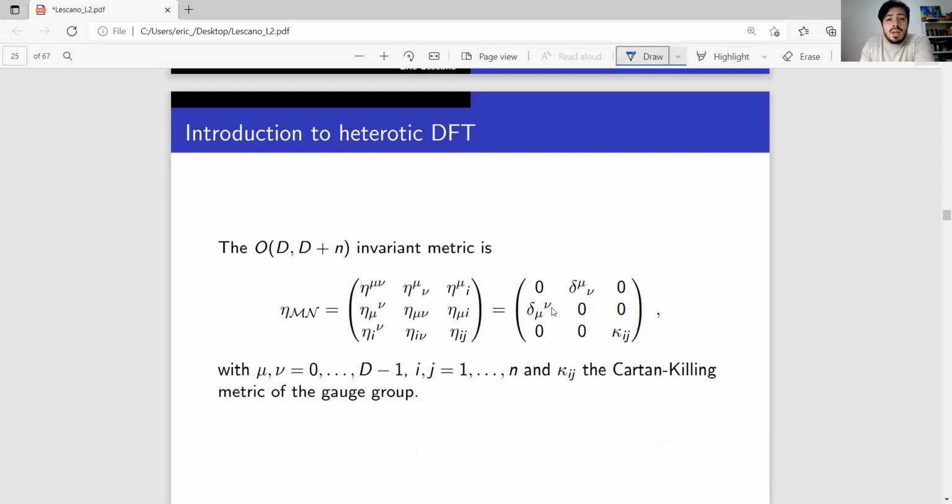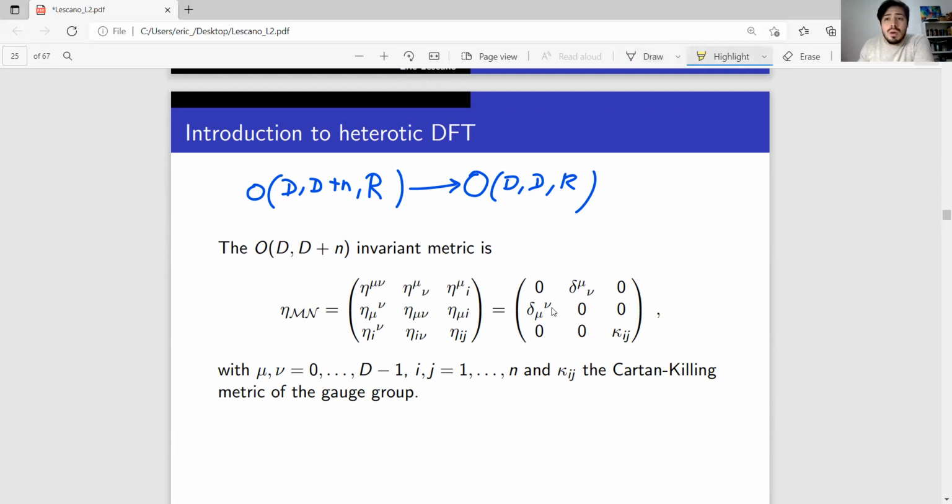So we have an O(D,D+n) invariant metric. Sorry, this group, O(D,D+n), is the O(D,D+n) R group. If we turn off the gauge symmetries, we go to an O(D,D) R group. This is our T-duality group, if you want. We have an invariant metric, very similar to Gianluca's.